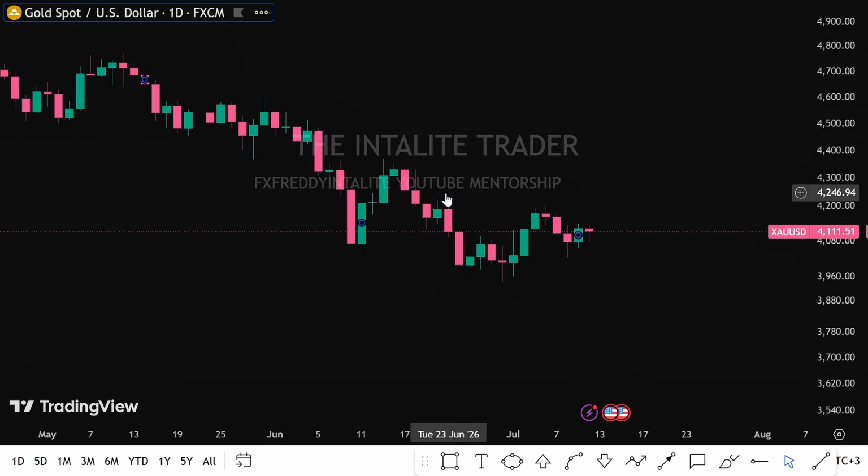Let's say this is a gold spot chart. You identify gold is in a downtrend. Then you see a morning star pattern and you take buys. When you see it gives you an inside bar, you take sales. When you see gold giving you any pattern it forms, you make a trading decision off of that trading pattern.